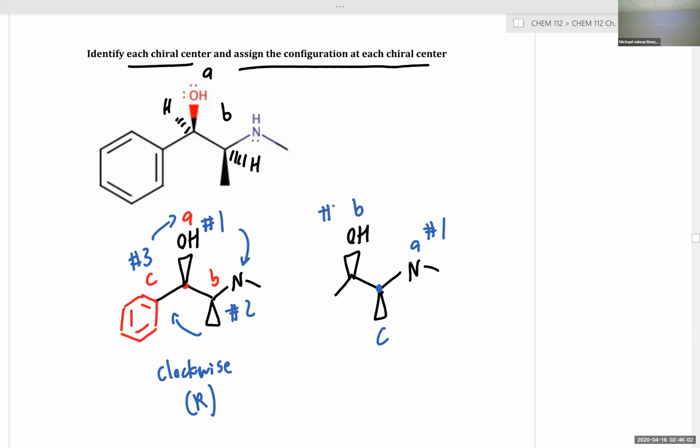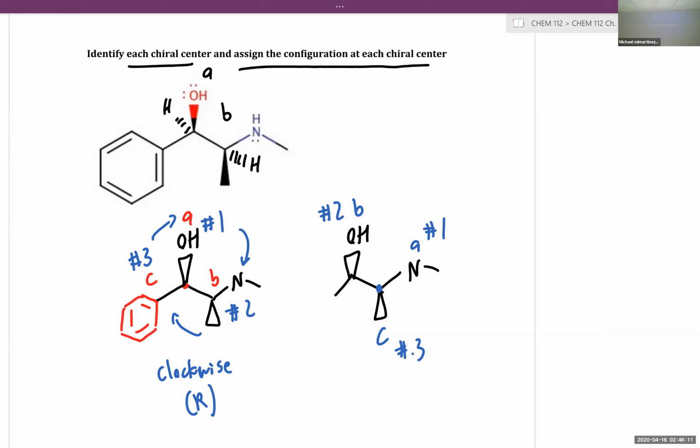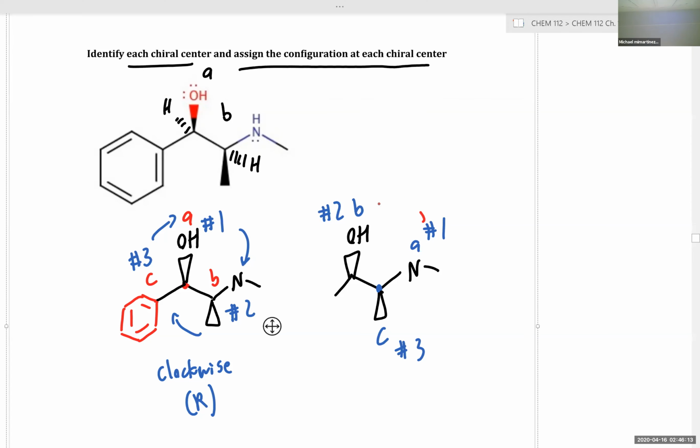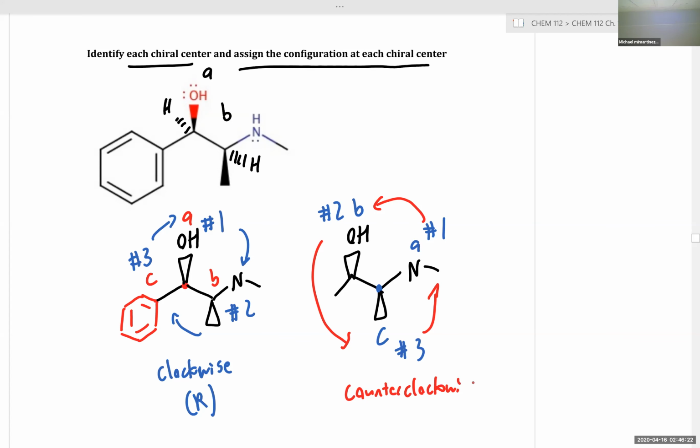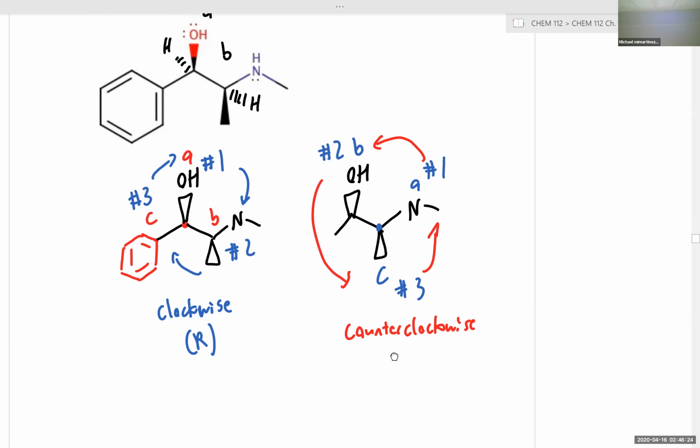B, exactly right. Wonderful. Okay, and C gets priority 3 as default. We then trace a line from priority 1 all the way to priority 3, and we see we're going counterclockwise. So we'd assign this stereocenter as S.